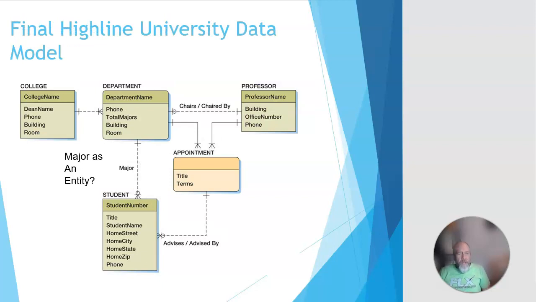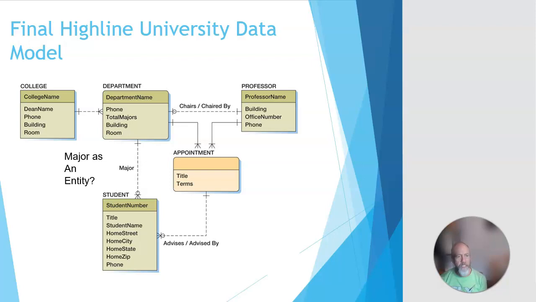And how are we going to handle that major? Because remember, we also said that they were a specific major. But in this case, we made the assumption that the department only had one major, which is very often not the case. Which means that we would probably need to break off the major as an entity, which would have a multiple relationship to the department.